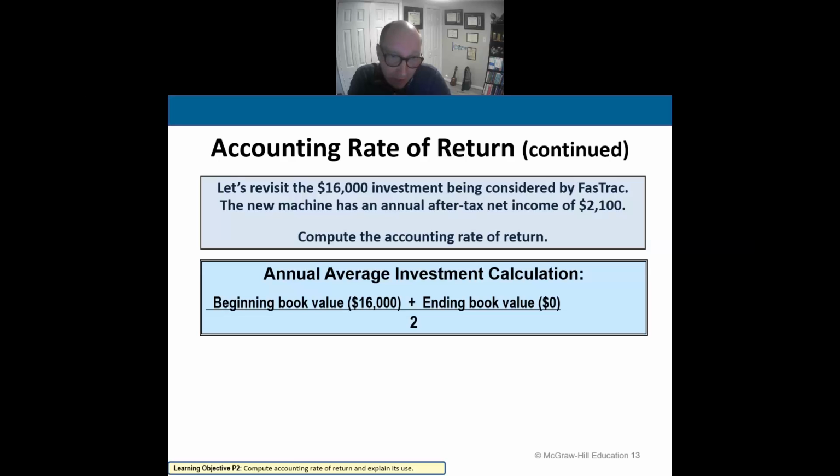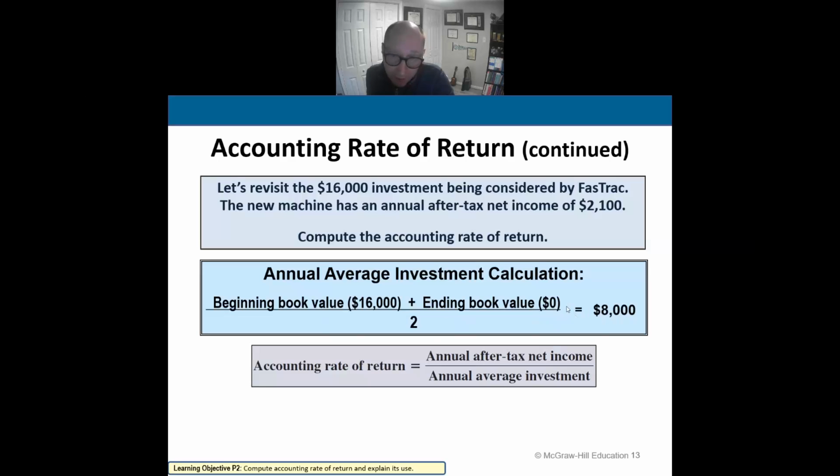Remember that it's not going to be worth nothing at the end. Divided by 2 will give me $8,000 for the average investment.